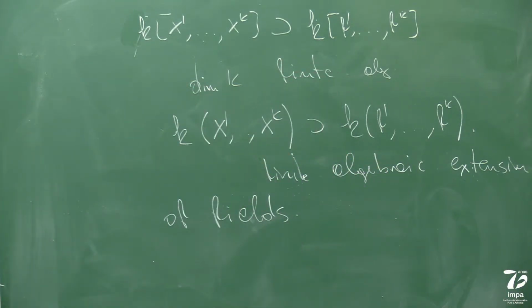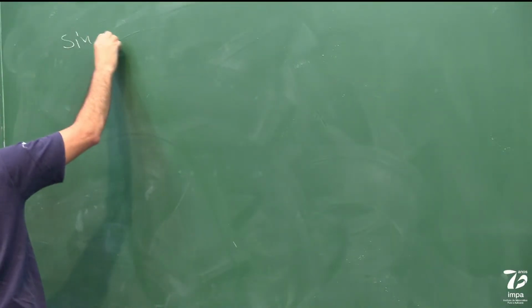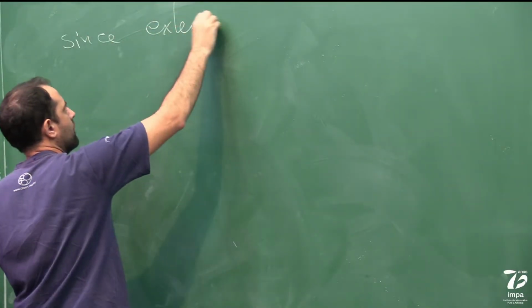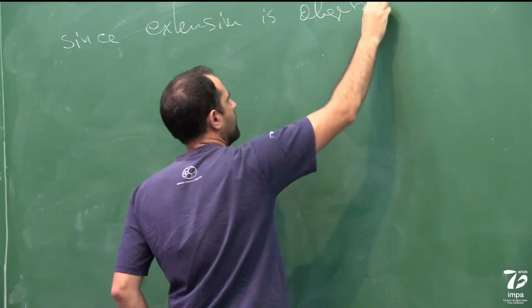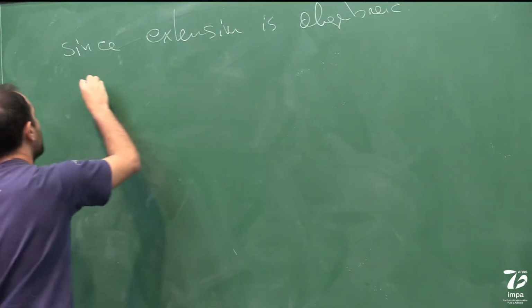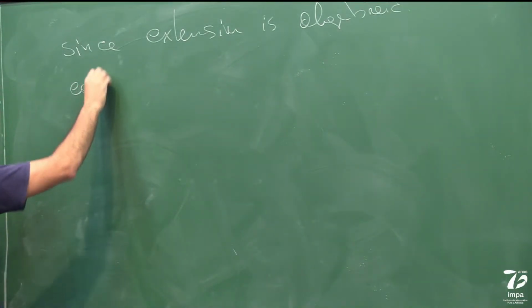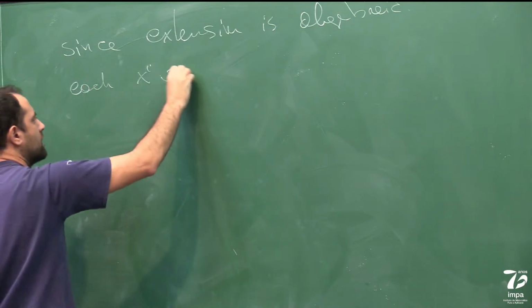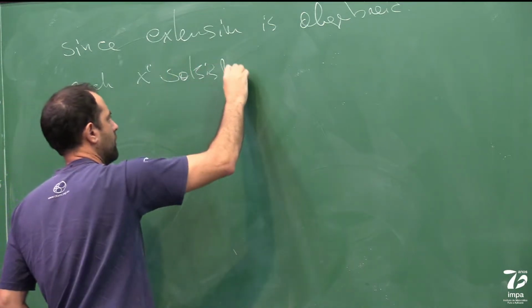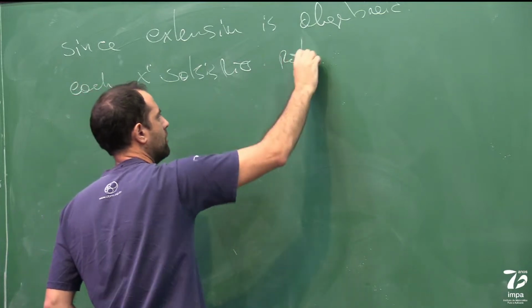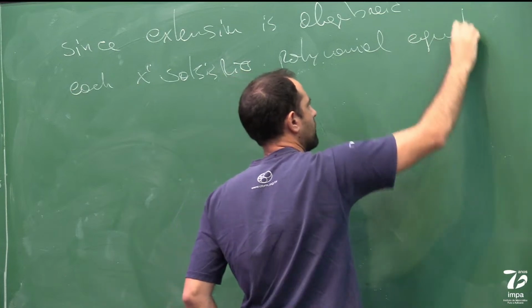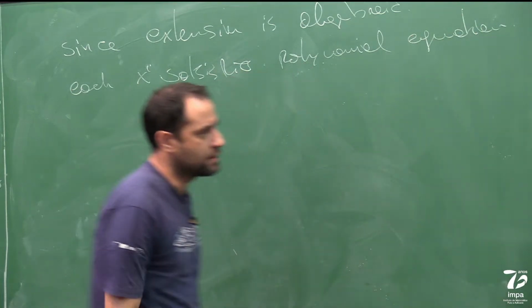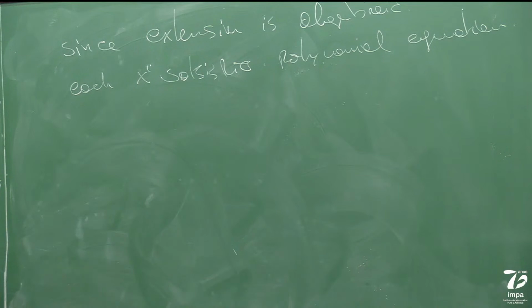Since the extension is algebraic, each one of the xi's satisfies a polynomial equation. So it's an integral extension. So each one of these xi's needs to satisfy a polynomial equation over the fi's.